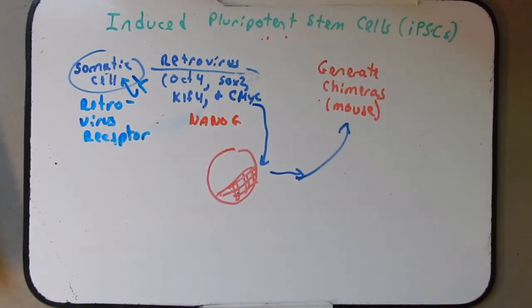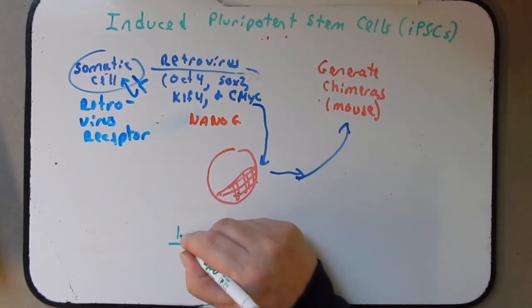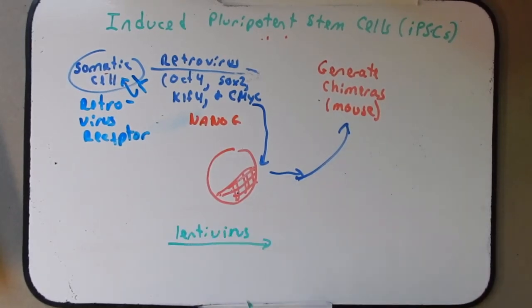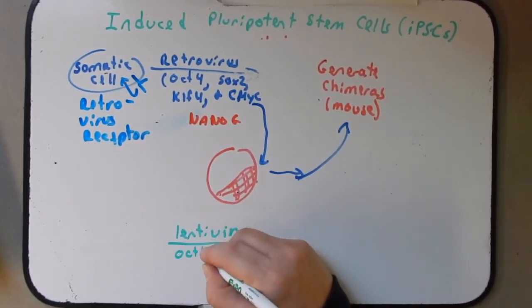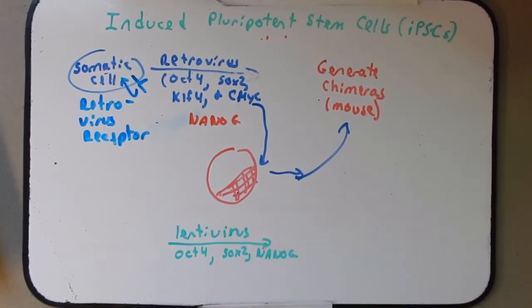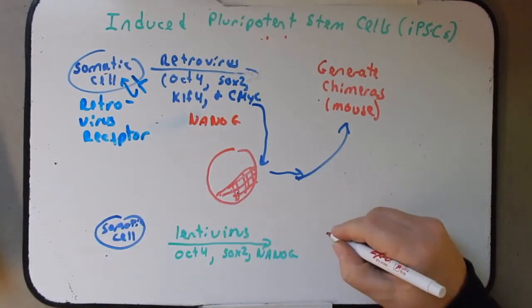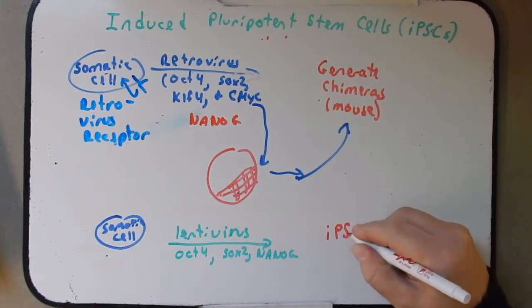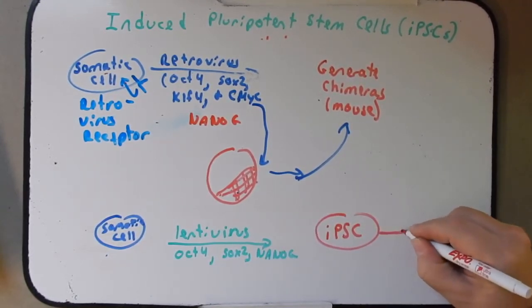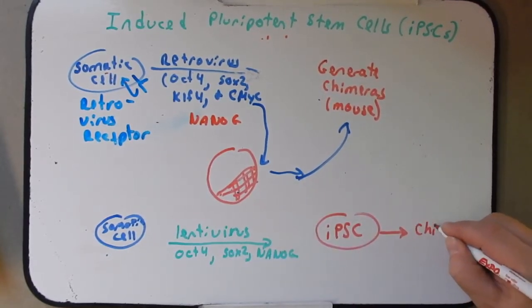And they end up producing an individual that contains genomes from this inner cell mass and genomes from this somatic cell. In addition to using retroviruses, they've also used a virus called lentivirus. Using a lentivirus, they were able to show that just OCT4, SOX2, and Nanog were all you needed to convert this somatic cell into an iPS cell, which could then be used in a blastocyst to generate these chimeras.